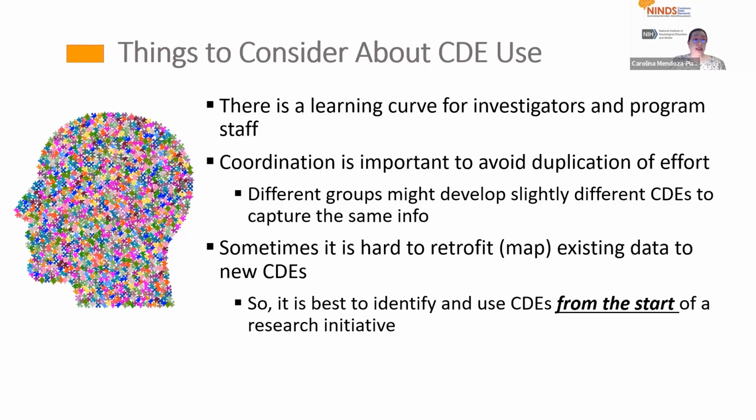So coordination is important, obviously, to avoid duplicate efforts. As I mentioned before, there are different groups developing CDEs, so you will have to identify what is the best CDE project or CDE collection that you are going to use for your grant or project.